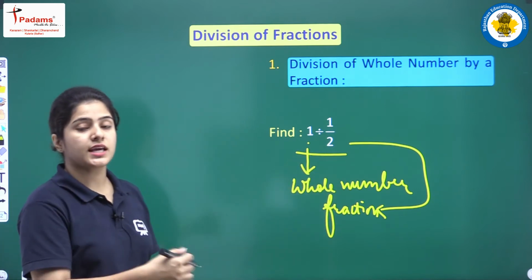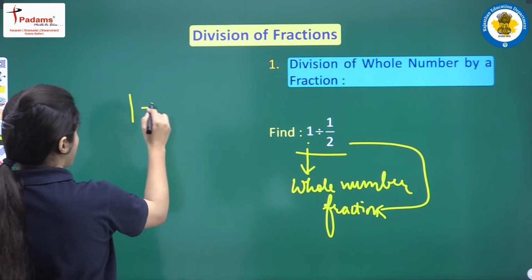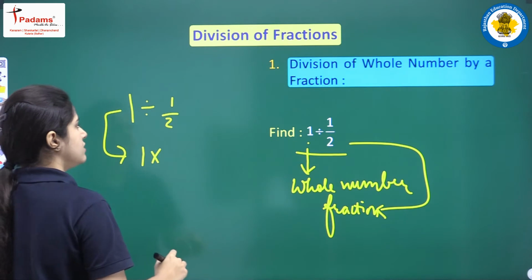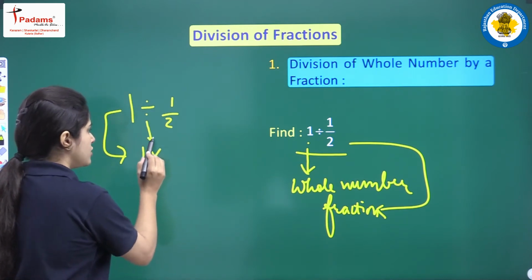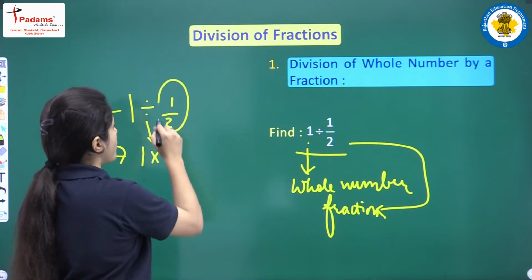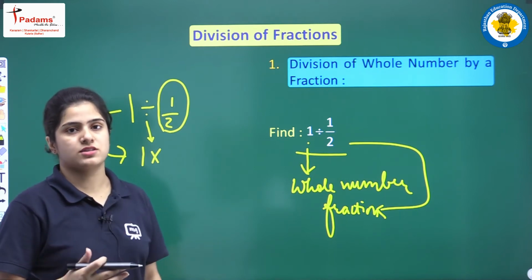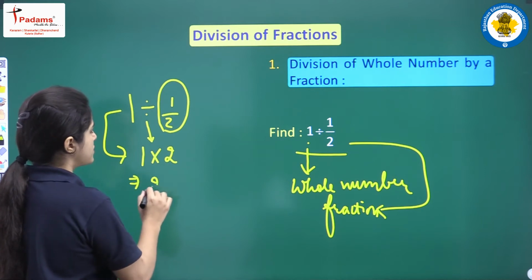What do I need to do to have this division? I will just convert the divide sign into the multiplication sign. The change that I did was that the division sign changed to the multiplication sign, and then I will reciprocate the fraction. That is 2, so 1 into 2 is equal to 2.